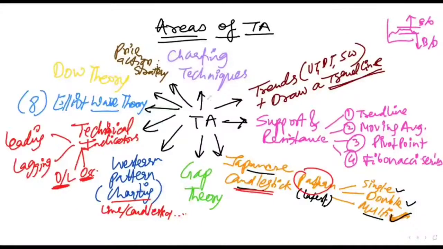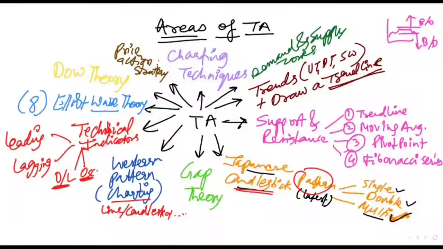Okay. Also, as I said, there is a study in technical analysis which is called demand and supply zones, which is called zone analysis. Okay, this is a study, demand and supply zones. That's also one of the areas of technical analysis. All of these colorful areas, so good they are, right?